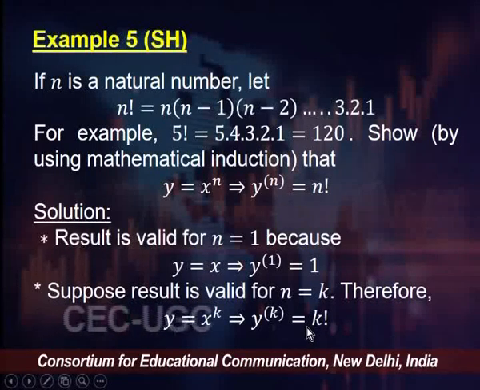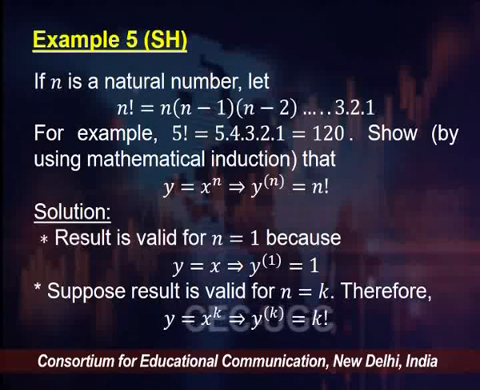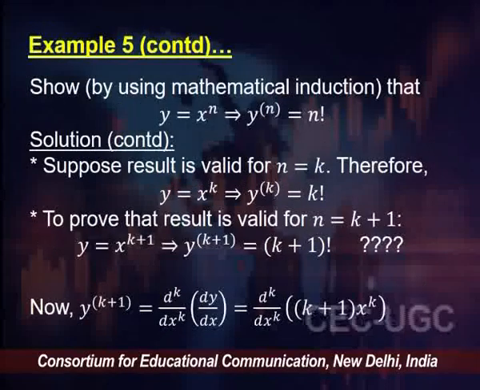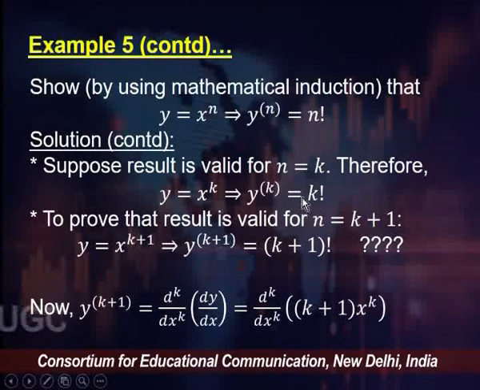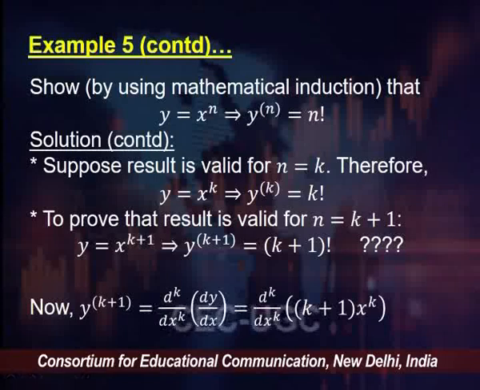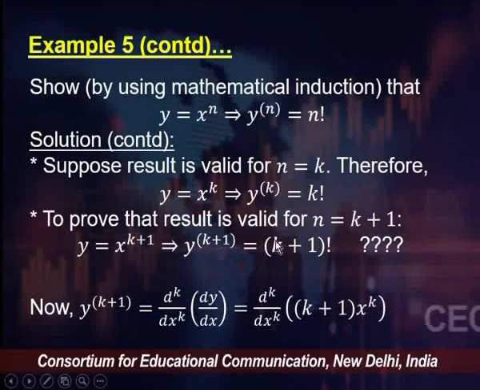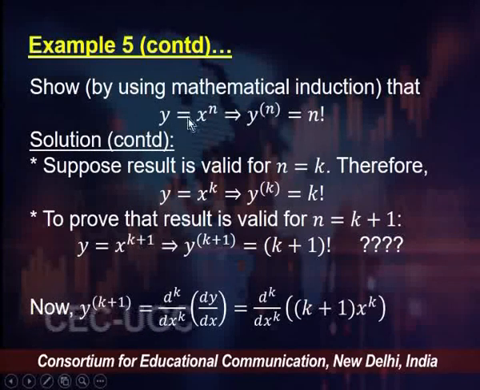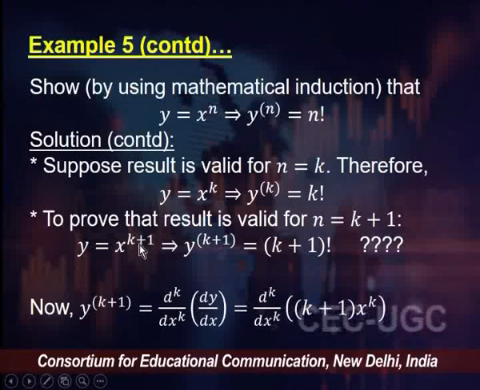So, we are assuming that this is true, and now we will try to use this assumption to prove that if the result holds for n equal to k, then it should also hold for n equal to k plus 1, right? Now, if n is equal to k plus 1, our statement on the left hand side of the implication arrow will become y is equal to x to the power k plus 1 now, okay.